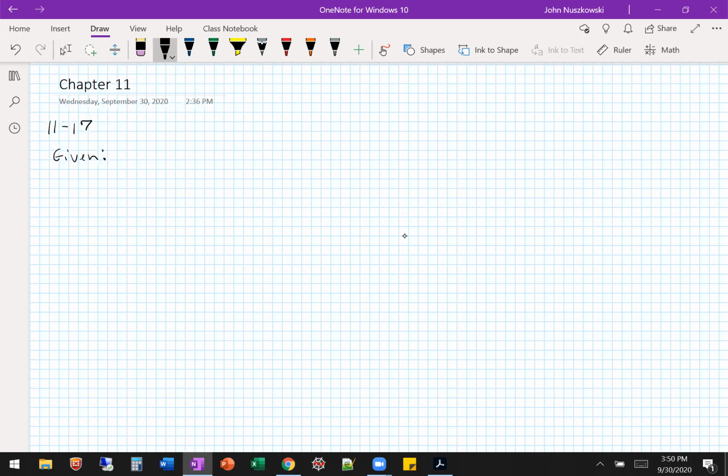And then they give a schematic, which is the general figure for the vapor compression cycle, and then they labeled the information they gave us.